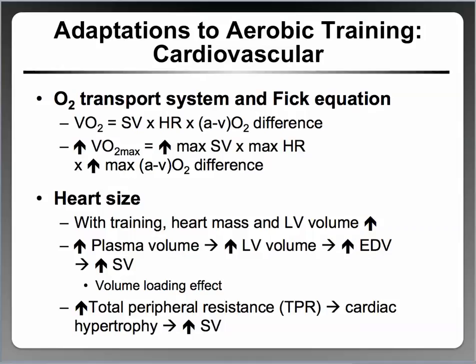So because you have this cardiac hypertrophy, an increase in the thickening of the wall muscle, with resistance training, you do see an increase in stroke volume, not so much, like I said before, due to differences in plasma volume, but because the actual heart muscle has a greater muscle mass and it can pump out more.